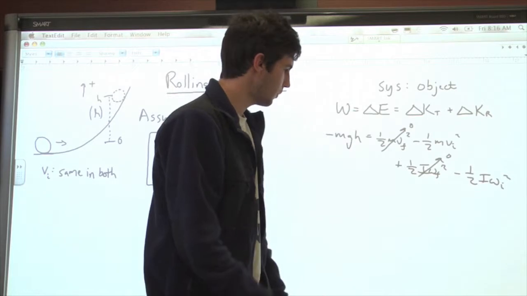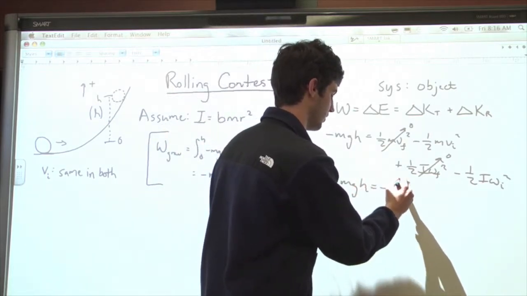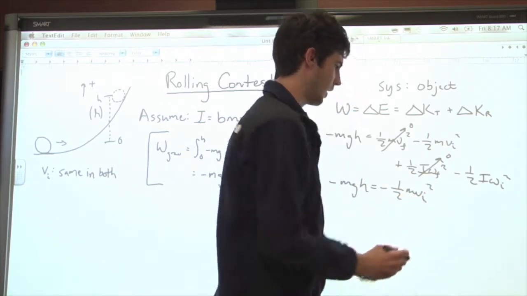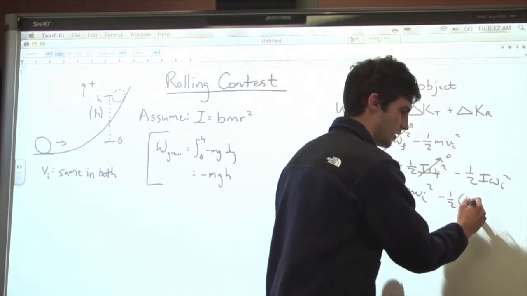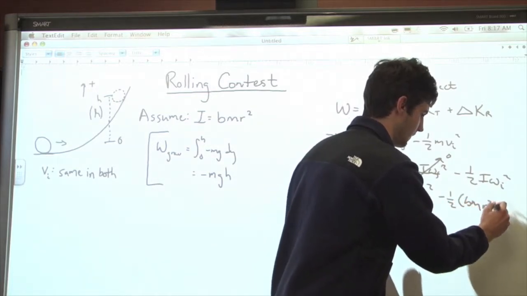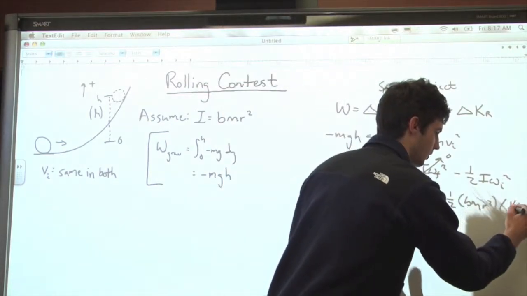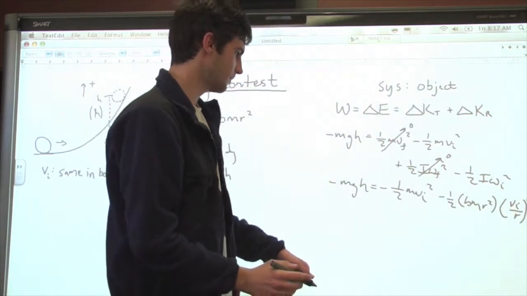Okay, so at this point, I can apply the rolling condition and also make some simplifications. I is just b m r squared, and since it's rolling, omega initial is just v initial over r. Hopefully you can see this is squared.